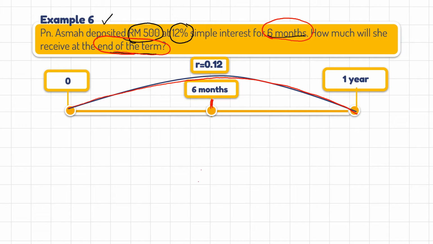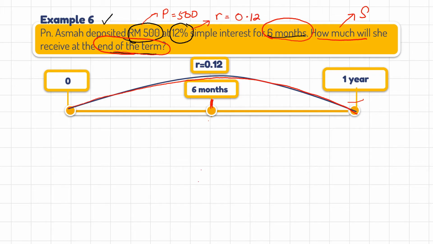What does the question want? The question wants you to find how much she will receive. So this is capital letter S. What is 500? 500 is the amount that Puan Asmah deposited. So this is P equals 500. 12% is our R equals 0.12.